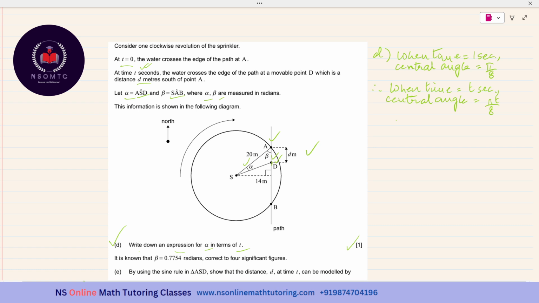So alpha is pi over 8 radians for 1 second, and for t seconds it is pi over 8 times t radians. So alpha equals pi over 8 t radians.